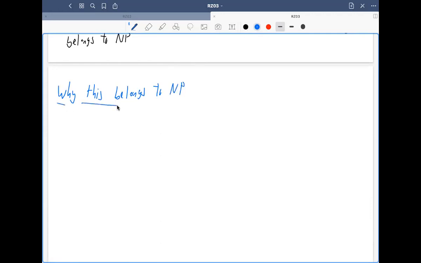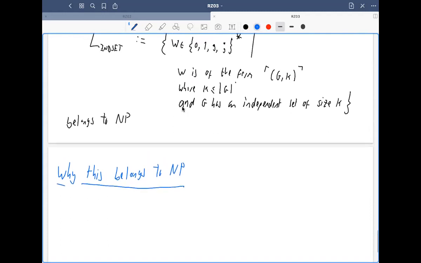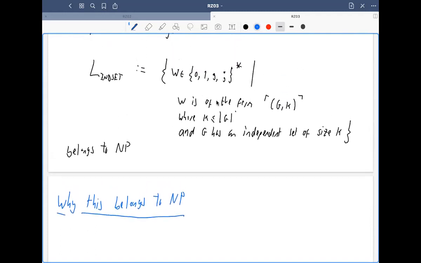So we want to argue that there is a non-deterministic Turing machine that decides this language, where the worst case running time is polynomially bounded. The worst case running time over all runs is polynomially bounded.